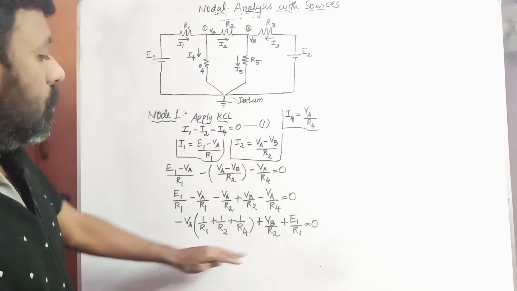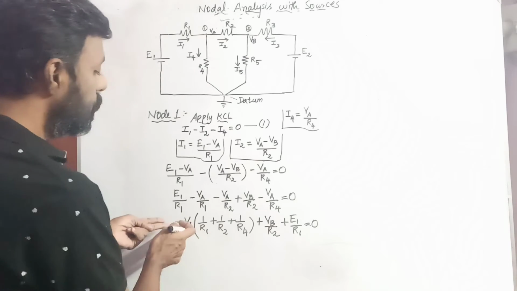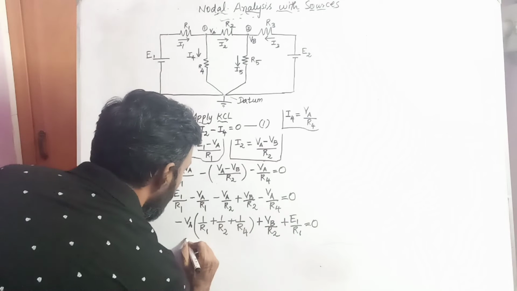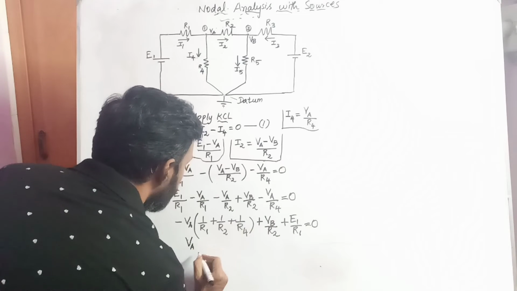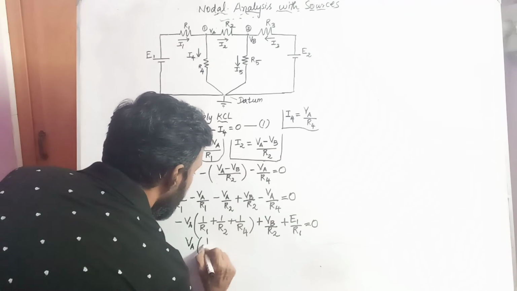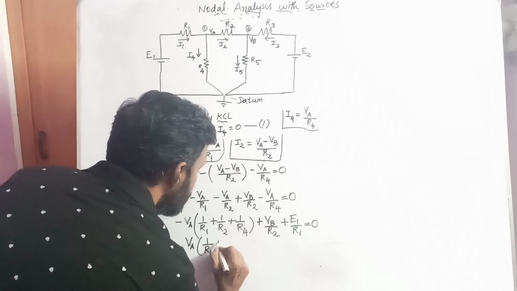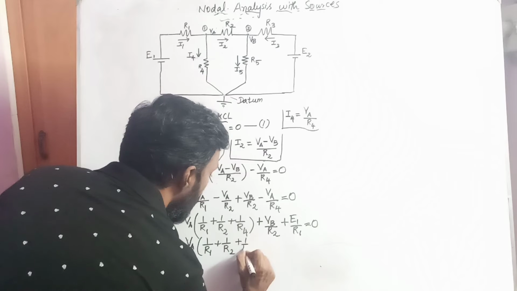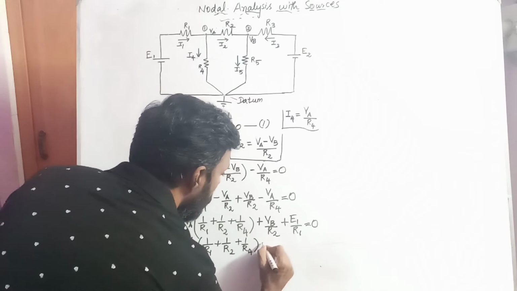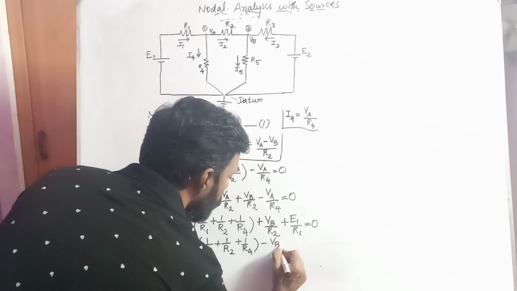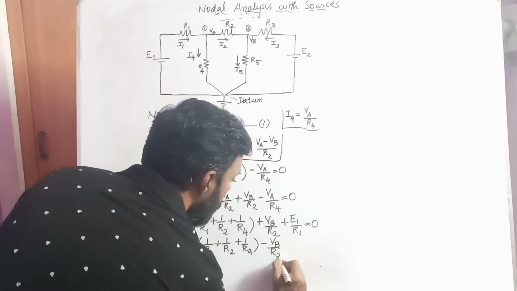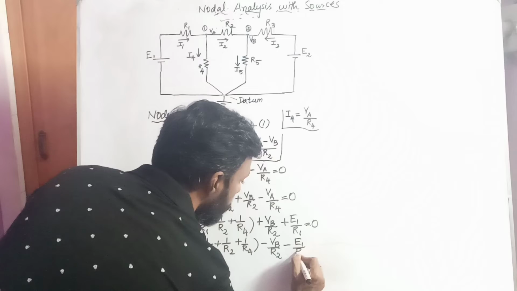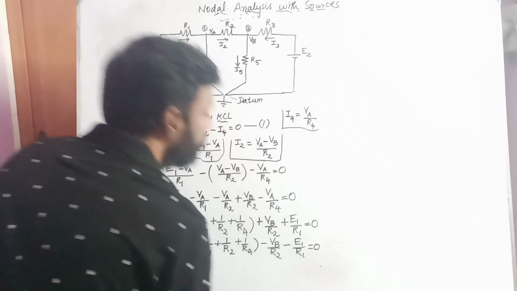Now I'm going to change the signs. If I change the sign, it will become VA into 1 divided by R1 plus 1 divided by R2 plus 1 divided by R4, minus VB by R2, minus E1 by R1, equal to 0.